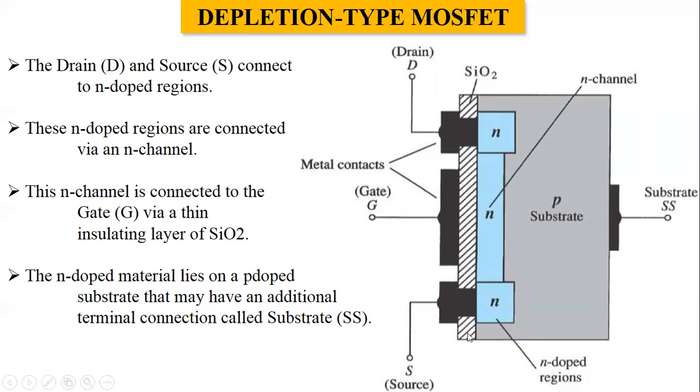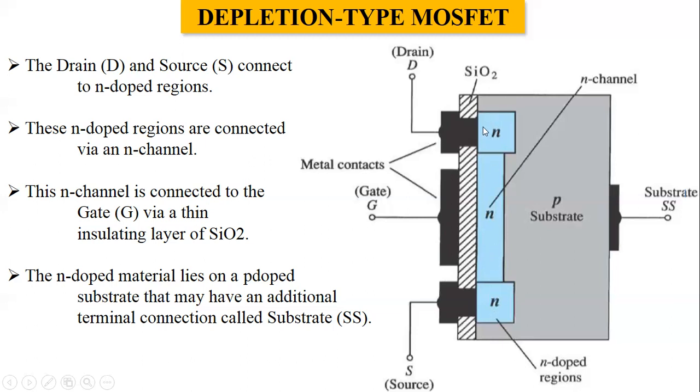On that insulating layer we connect a metal, and we call it the gate. Remember this width is larger compared to the drain and source terminals. This metal is going to control the current going through this channel.